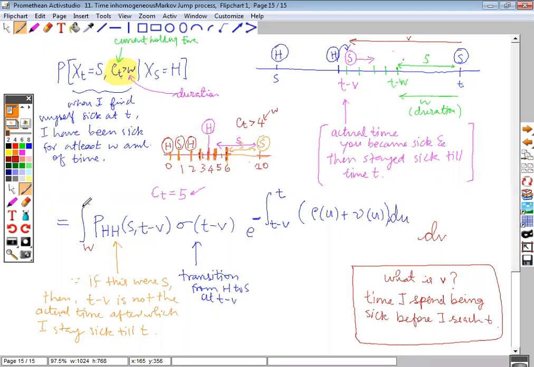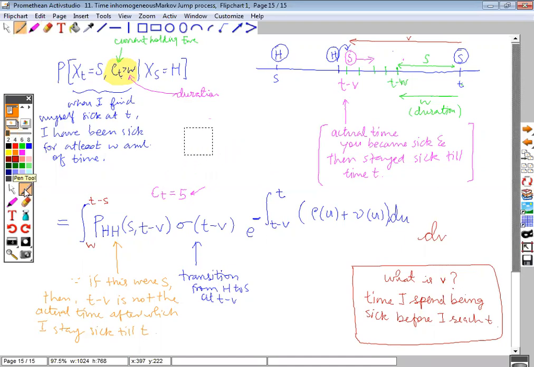T minus S. Why do you think it should be T minus S? Because that is the complete duration.